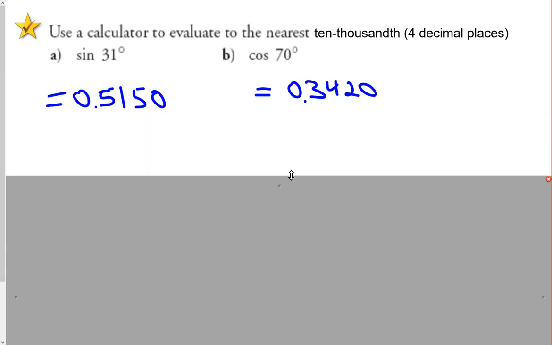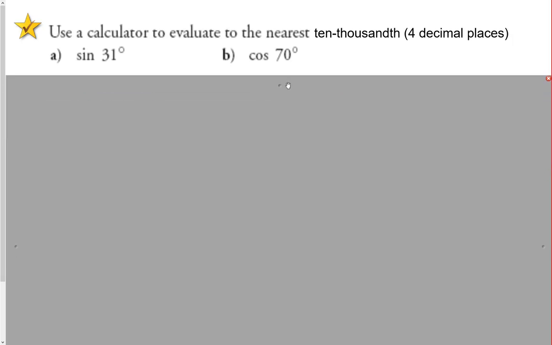Okay, so what we're going to do is we're going to try this basic calculator skill. And it's really important that you're able to do this. So what we're going to do is on our calculator, we're going to type in sine of 31 degrees and cosine of 70 degrees and see what we get. So I'd like you to try that right now. You're going to need to make sure your calculator is not in radians mode. If it's in radians mode instead of degrees mode, you're going to get all of these answers wrong.